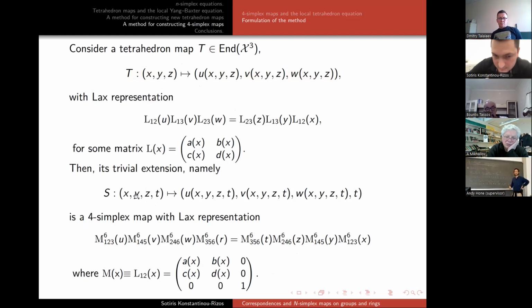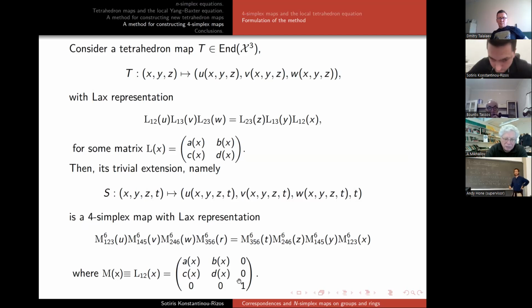Let us first understand how I can trivially extend this Lax matrix to get the trivial extension. I just add one here. Consider this 3 by 3 matrix. I add the unity here, substitute it back, and I will get exactly this map. It's also very easy to check, and to some of you it is obvious.